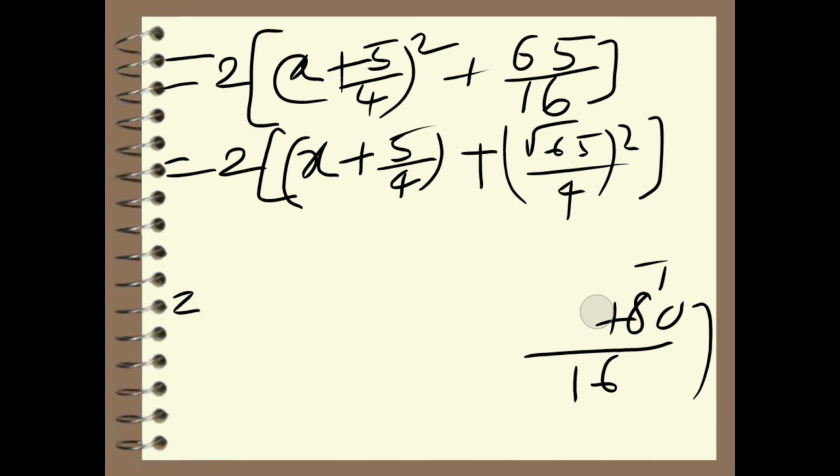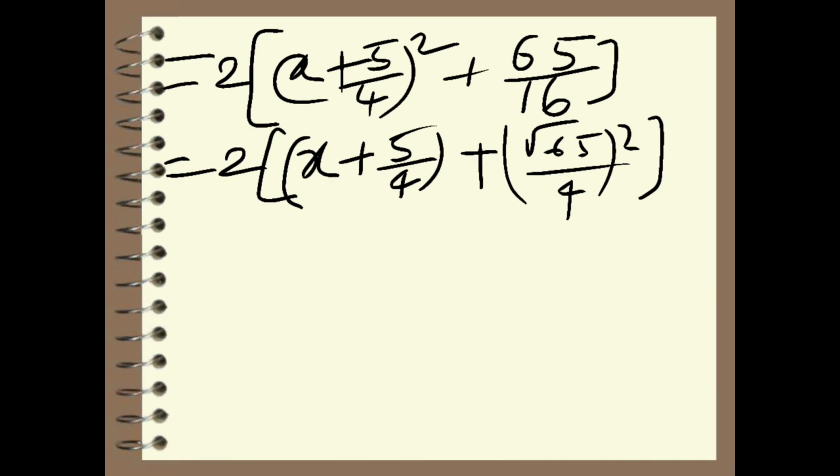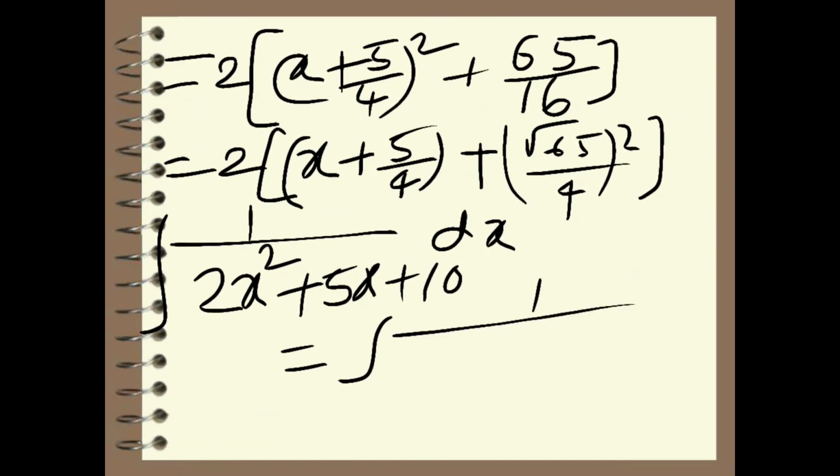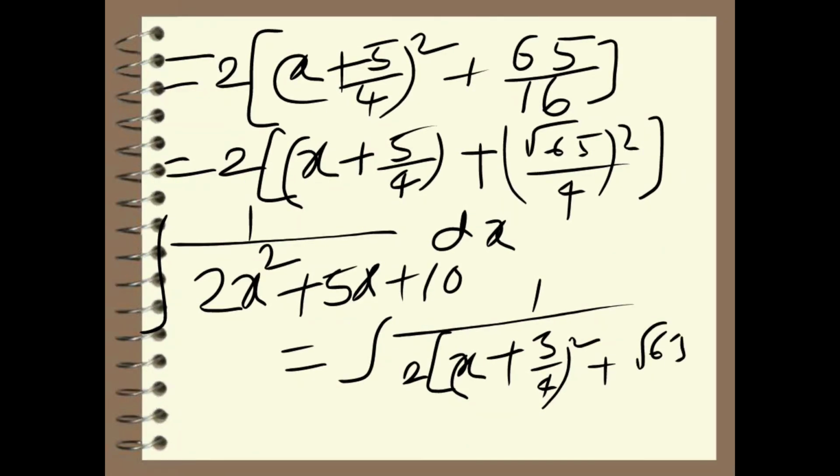Now we substitute this value in the given integration. So what is the given integration? Integration of 1 by 2x square plus 5x plus 10 into dx, that is equal to integration 1 by 2 of x plus 5 by 4 whole square plus root 65 by 4 whole square into dx.